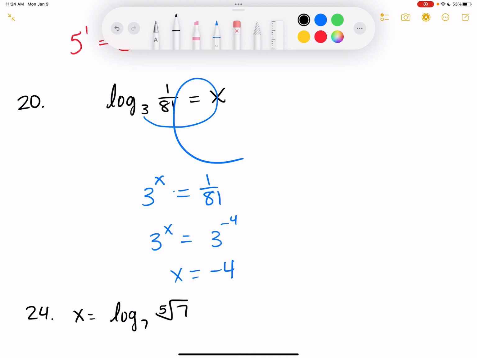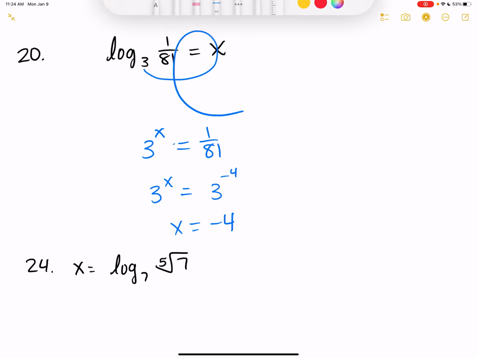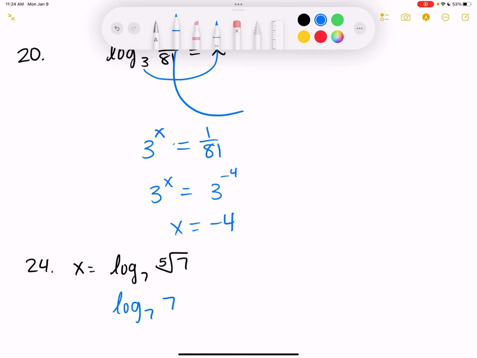What power would it be? It's a root, so I can rewrite this as log base 7 of 7 to the 1/5. So if we have a root, we can rewrite it as a fraction power.